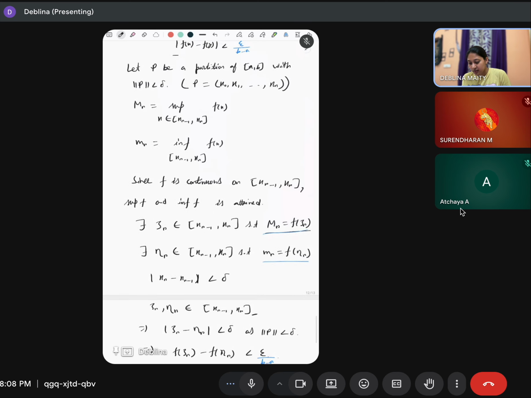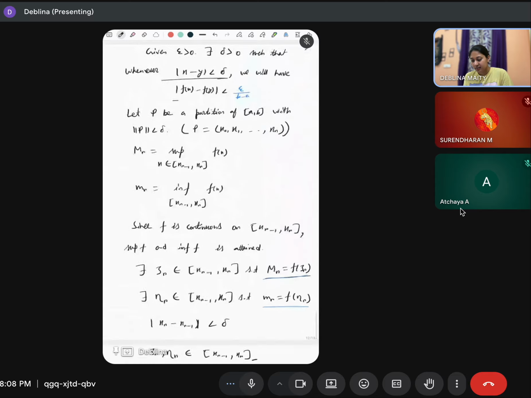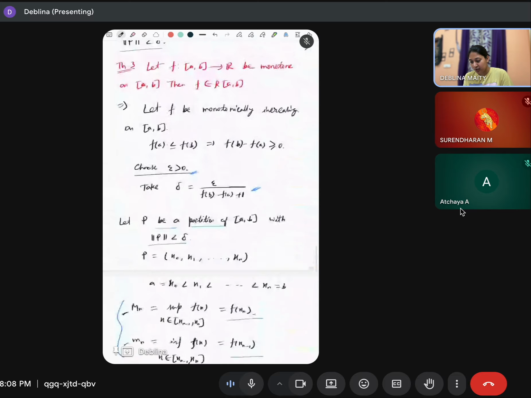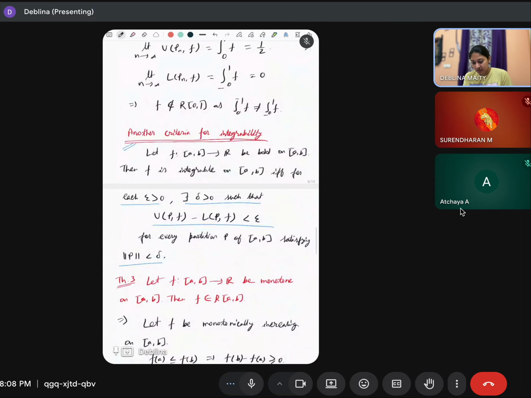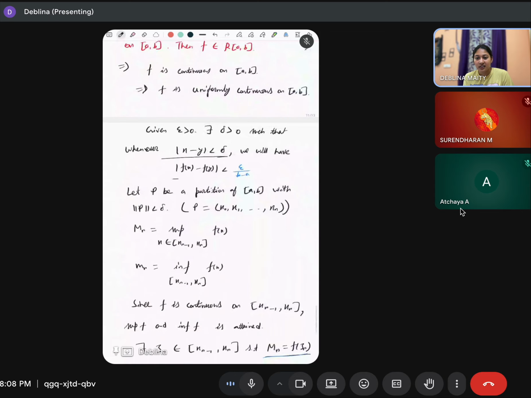So this implies f is Riemann integrable by the above condition, right? This condition. So if f is a continuous function, then also f is Riemann integrable, right?